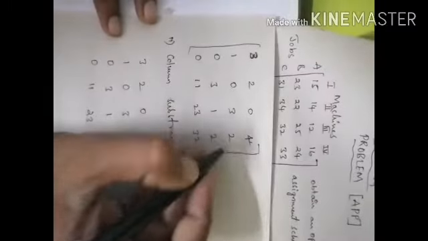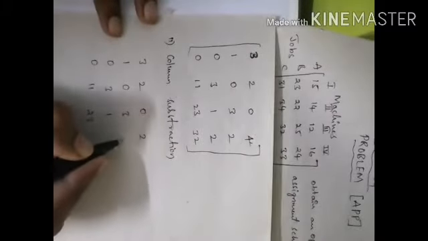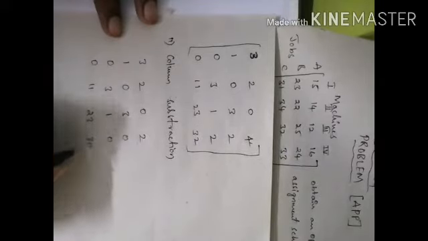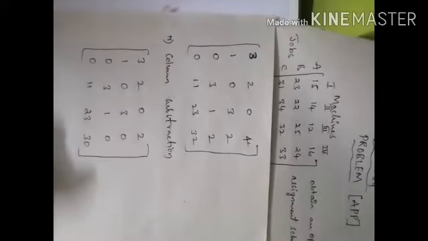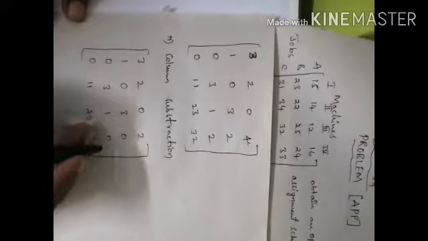In the fourth column, 4 minus 2 is 2, 2 minus 2 is 0, 2 minus 2 is 0, 32 minus 2 is 30. So this is the remaining matrix.